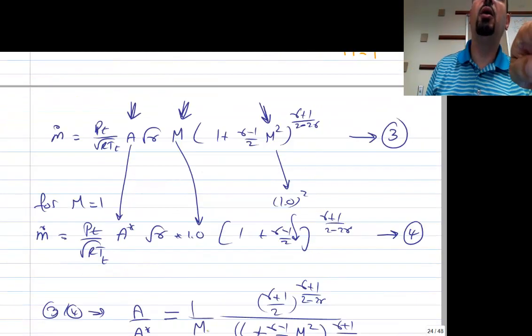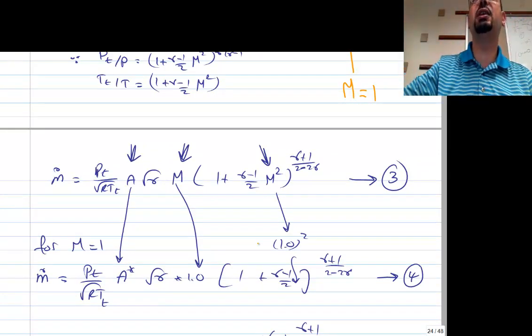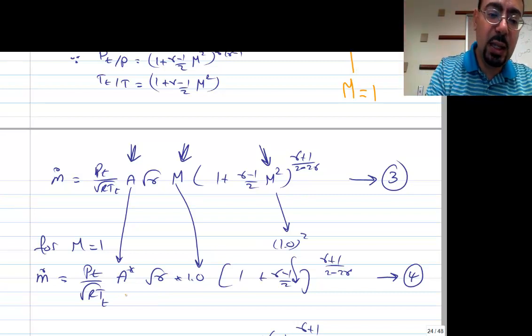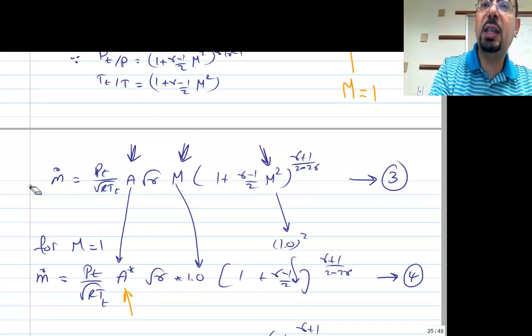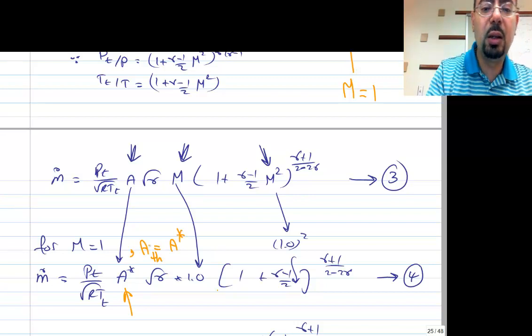So over here he's basically saying, now here's the confusing part, the second confusing part after the stagnation and static stuff. What is that area? So see, he took this equation and he said M equal 1 and A equal, area throat equal area star.